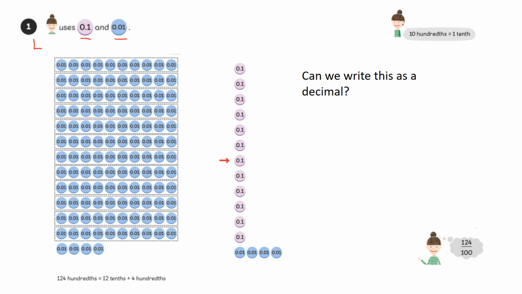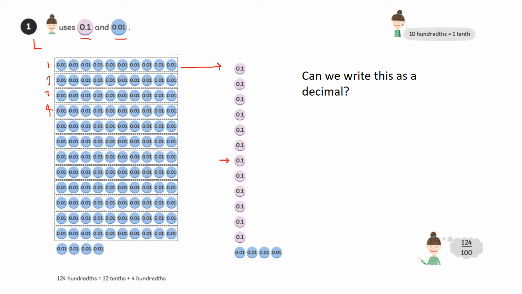Now, we've been working a lot on regrouping, and we know that for every 10 hundredths counters, that will give us one of the tenths counters. So you can see here, we started off with, in fact, 12 rows of the hundredths counters.